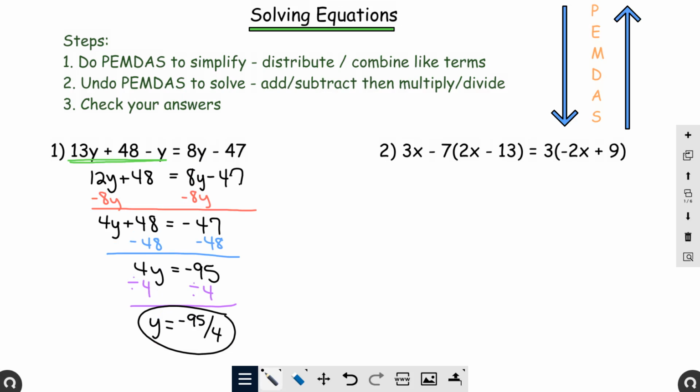All right, let's look at our second problem. What do we want to do with this one? Yeah, let's distribute first. Let's get rid of those parentheses. Now, you can only distribute what's right in front of the parentheses. So what's right in front of the parentheses? -7. Good. So we've got 3x.